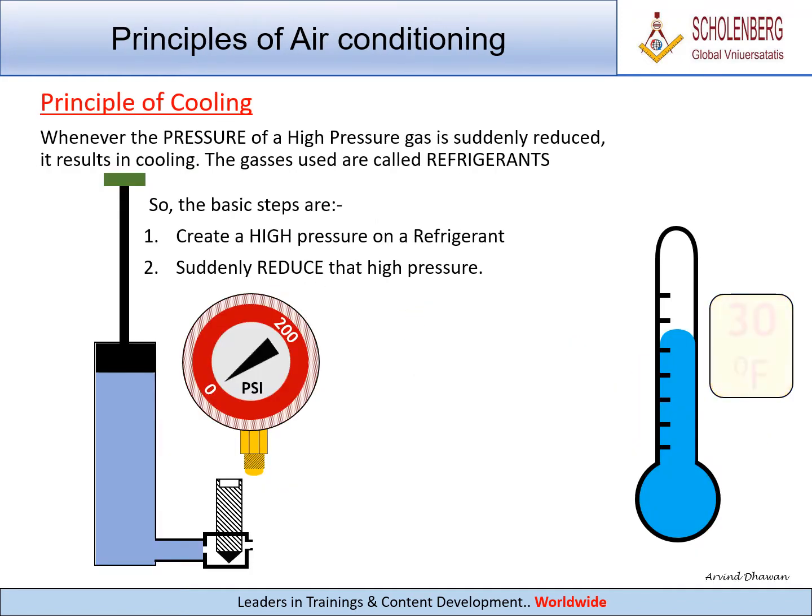Principle of cooling. Whenever the pressure of a high-pressure gas is suddenly reduced, it results in cooling. The gases used are called refrigerants. So, the basic steps are: 1. Create a high pressure on a refrigerant. 2.